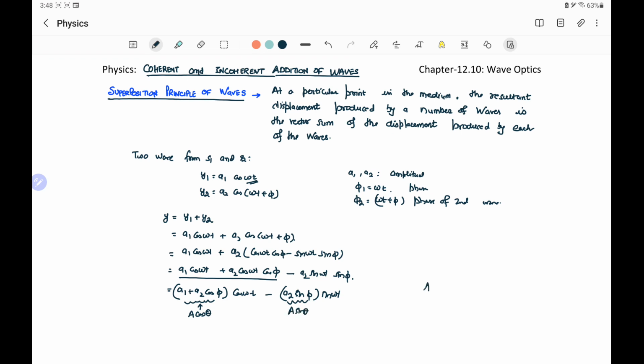That means A cos theta is a1 plus a2 cos phi and A sin theta is a2 sin phi. So we can write it as A cos theta cos omega t minus A sin theta sin omega t, and by taking A common, it is A cos (omega t plus theta).